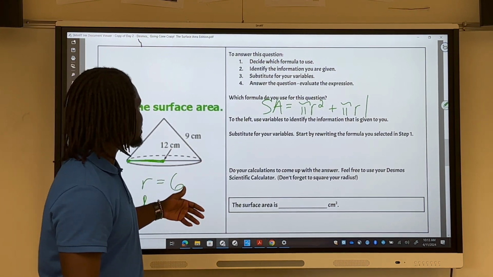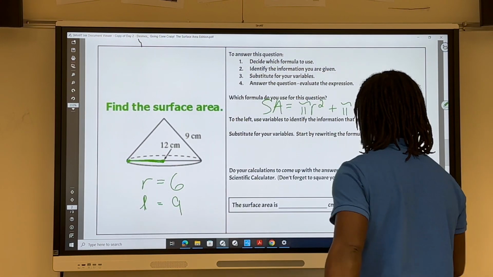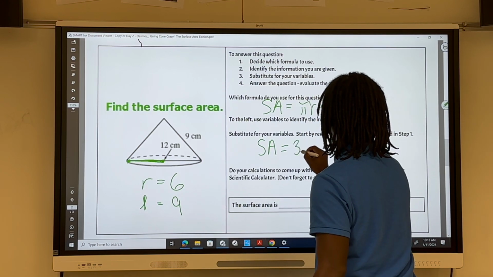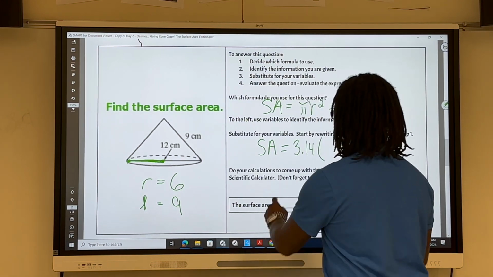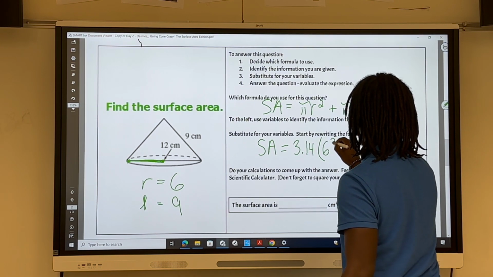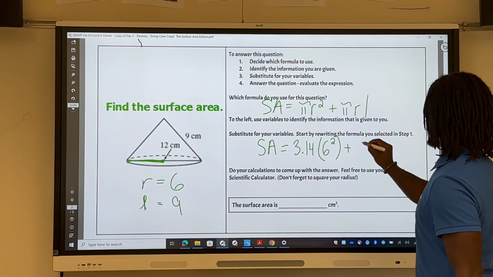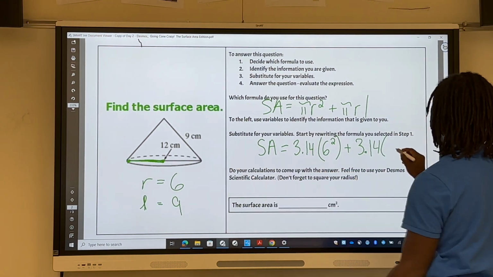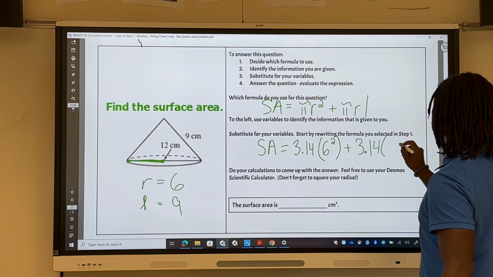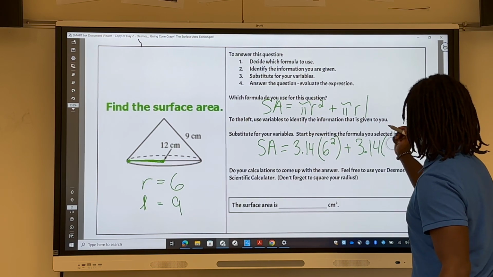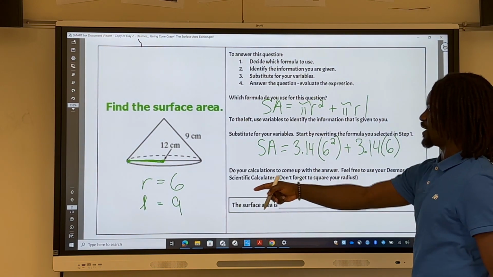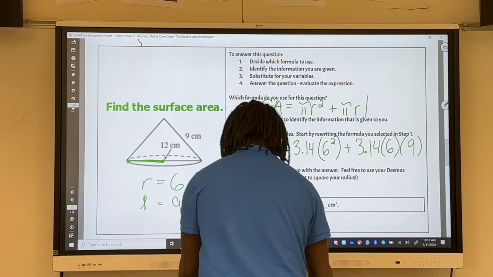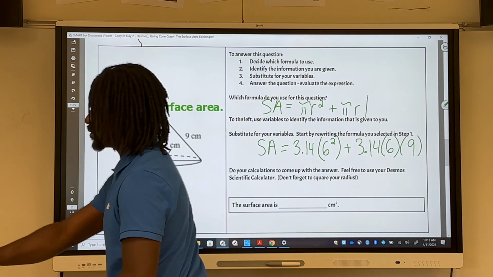All right. So then I take that and I just substitute those numbers in. I just plug them in. So the surface area, pi is 3.14. The radius is 6, and then we got to square that, plus 3.14 times the radius, which is 6, and then the slant height is 9. And so then I'm going to take that and plug it into Desmos.